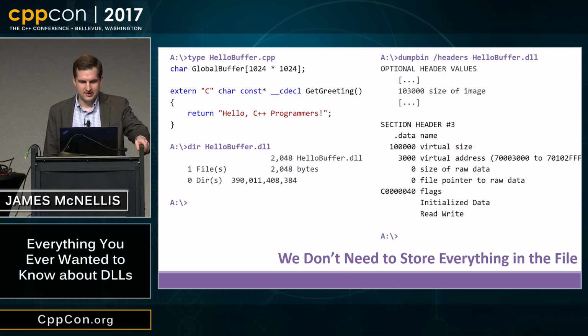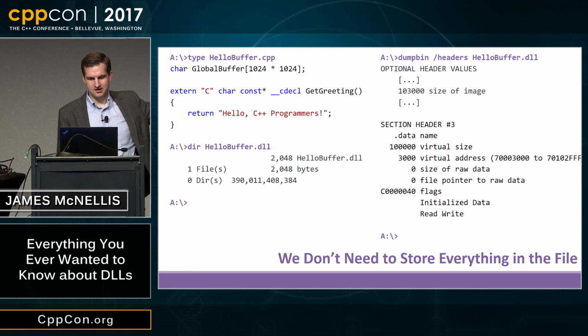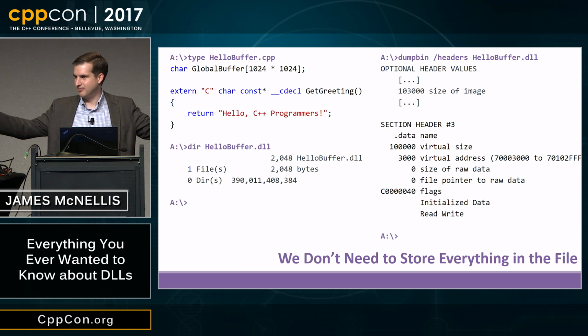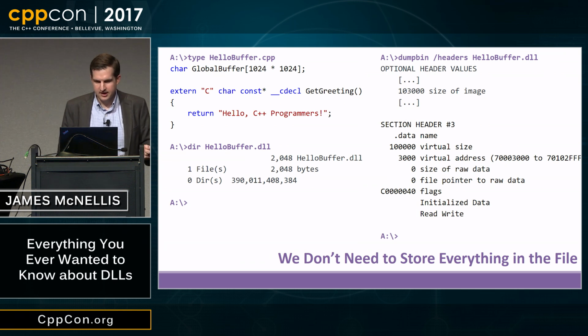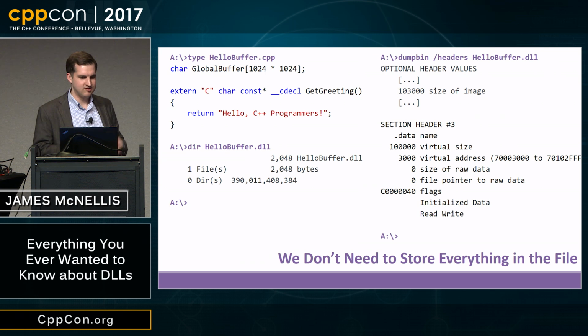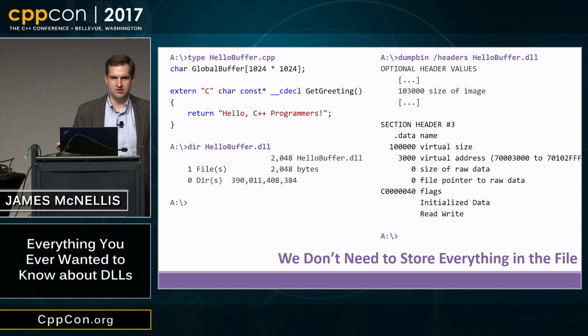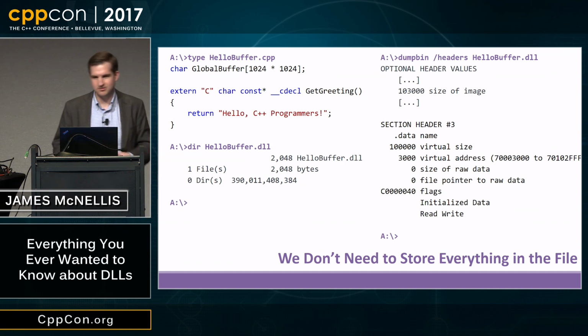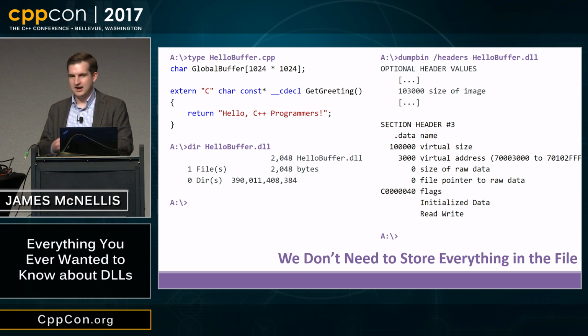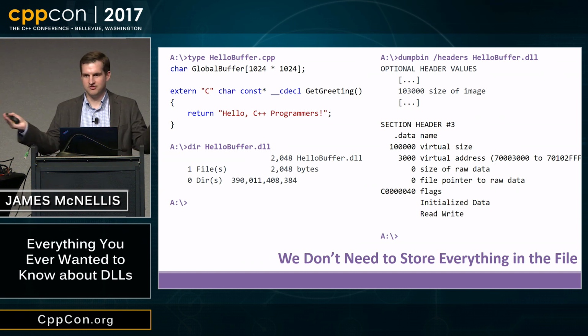If we look in the headers, we see that the DLL does have a larger image size, so when it gets mapped into memory, it has that extra megabyte that it's going to take up. But if we look in the data section, we see that the size of the raw data is 0, because this is going to be 0 initialized, so the default 0 initialization that the loader does of these pages is sufficient. We don't actually need to put any data in the file for this.